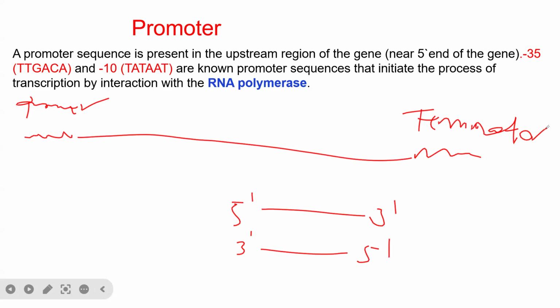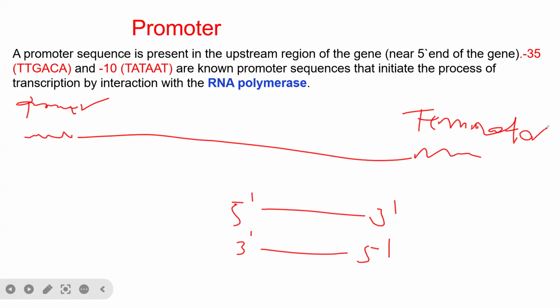This promoter region is made up of the -35 and -10 regions. The -35 is made up of TTGACA, while the -10 is called TATAAT, that is TATAAT.